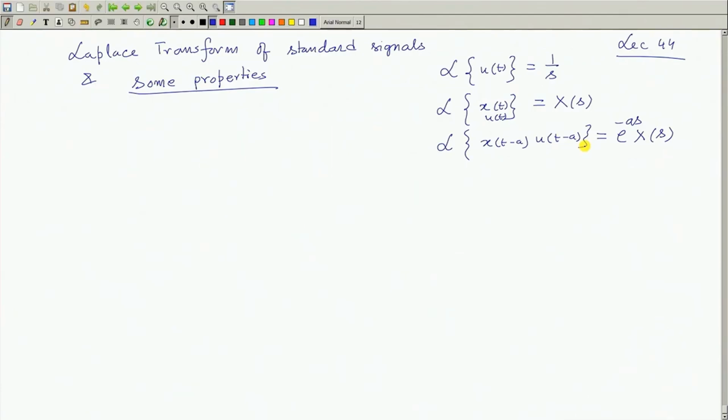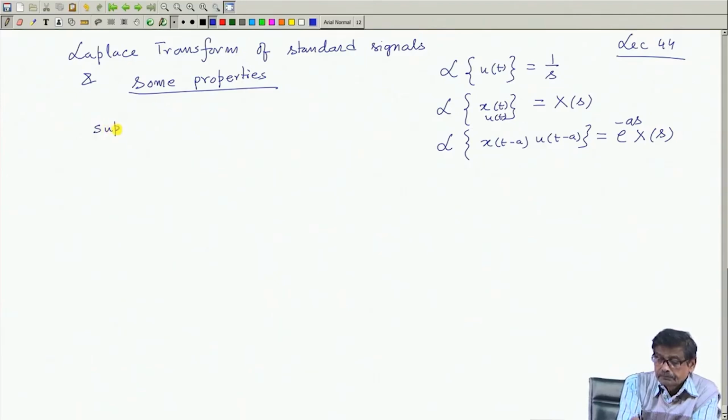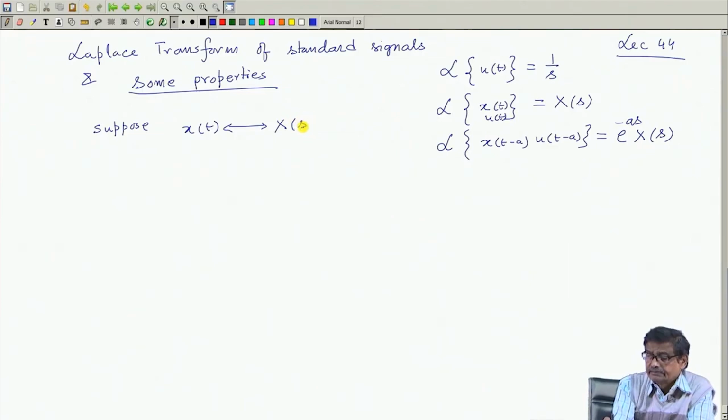Now, the next thing is, if a function is multiplied by e to the power a t. Suppose x(t) has a Laplace transform X(s), this time I will write it like this. This is a unique pair.